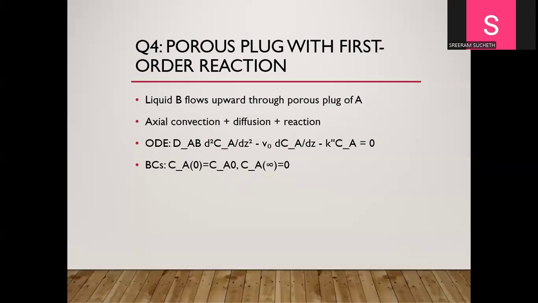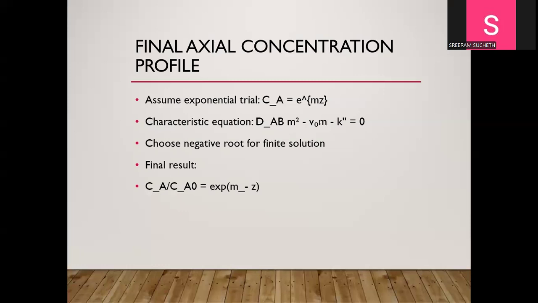Here we get the boundary conditions as CA at z equal to 0 as CA naught, and we are taking CA at infinite distance to be 0. Next, for getting the final axial concentration profile, we are using an exponential trial solution to solve the characteristic equation and keep only the negative root to satisfy the infinite boundary condition.